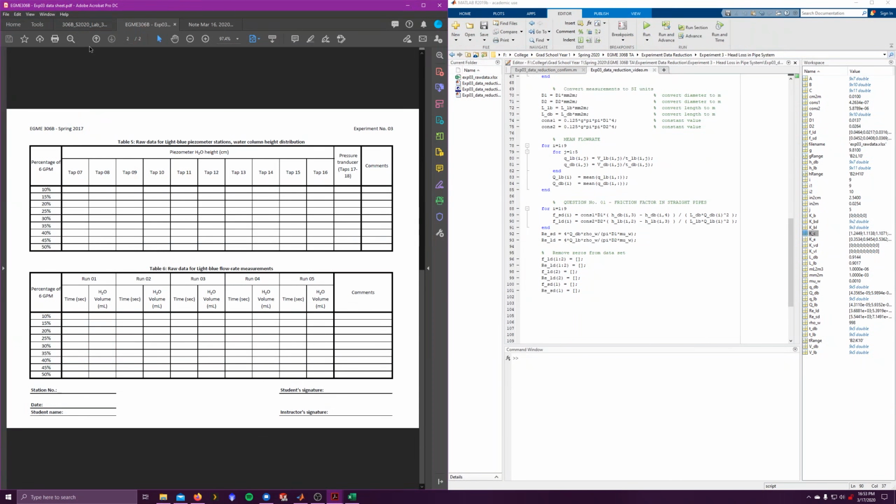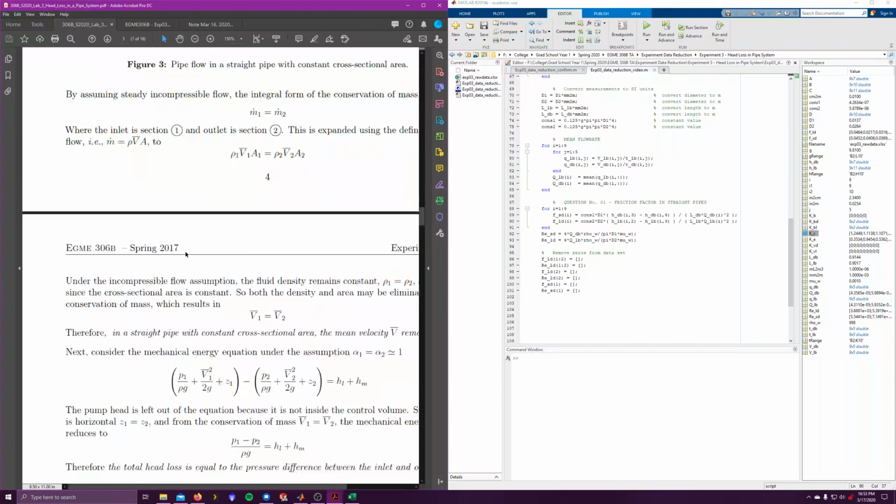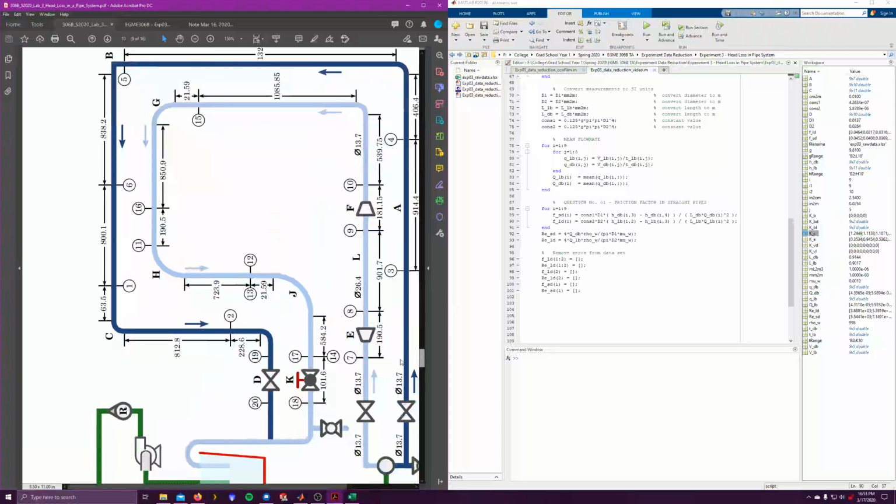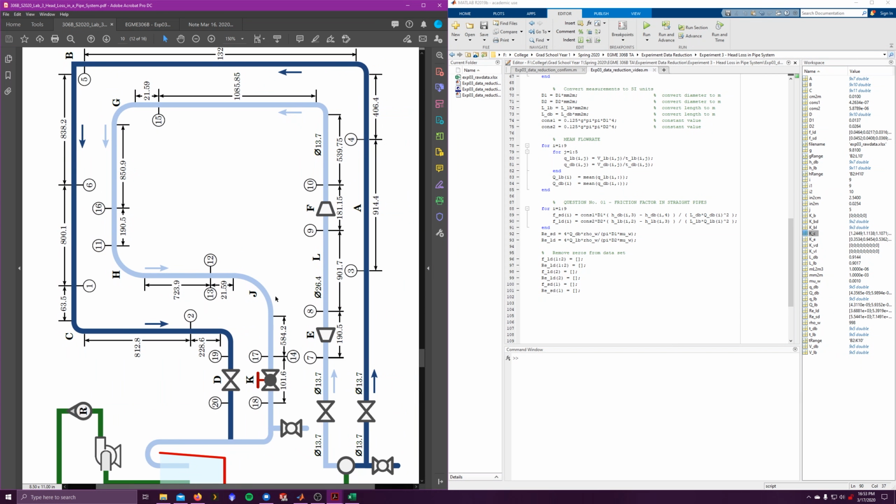So let's go back here. Where is it at? Down, yeah, here. Okay, so that's for our light blue pipe, and this is for section L here. So we need taps 8 and 9. Remember that just because that's taps 8 and 9, our columns are going to be different.